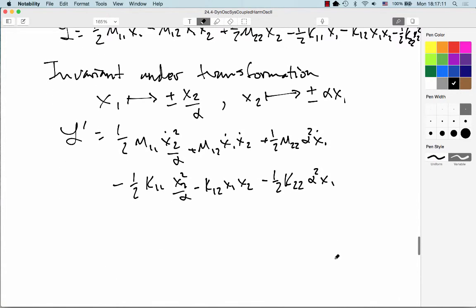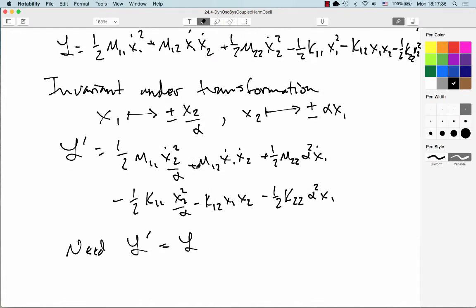Okay, so we've made those substitutions. Maybe this transformation works, maybe it doesn't. But since it's going to work, we're going to need L prime to equal L. So let's go ahead and equate terms between the L and the L prime.